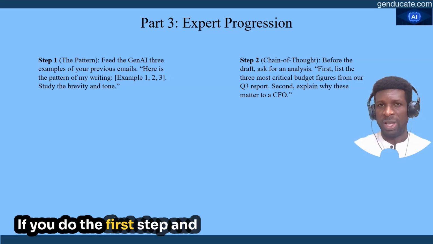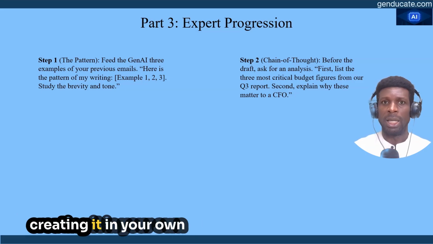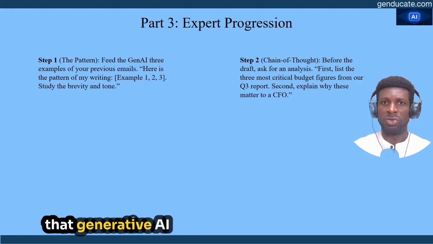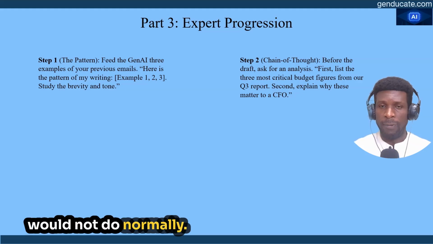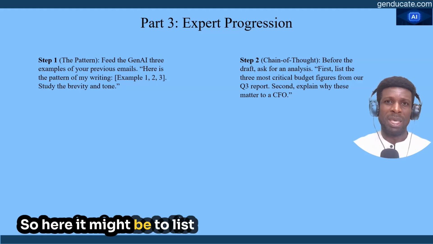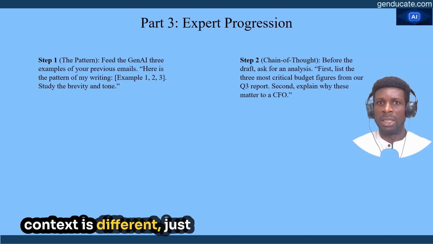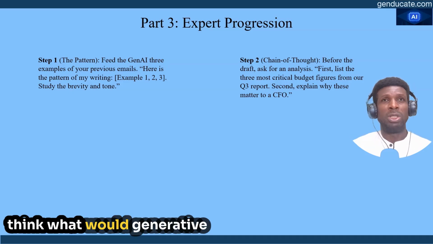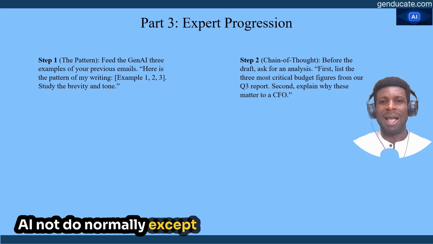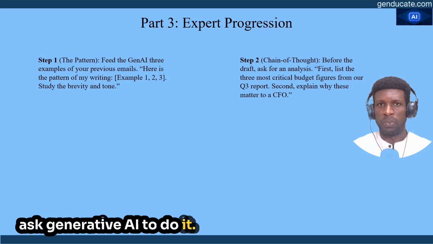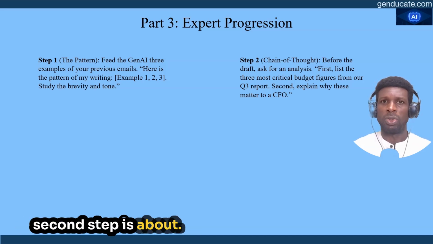If you do the first step and the second step, you're creating it in your own writing style. And now you're doing something that generative AI would not do normally. So here it might be to list critical figures, but if your context is different, just think, what would generative AI not do normally except I ask generative AI to do it? That's what the second step is about.